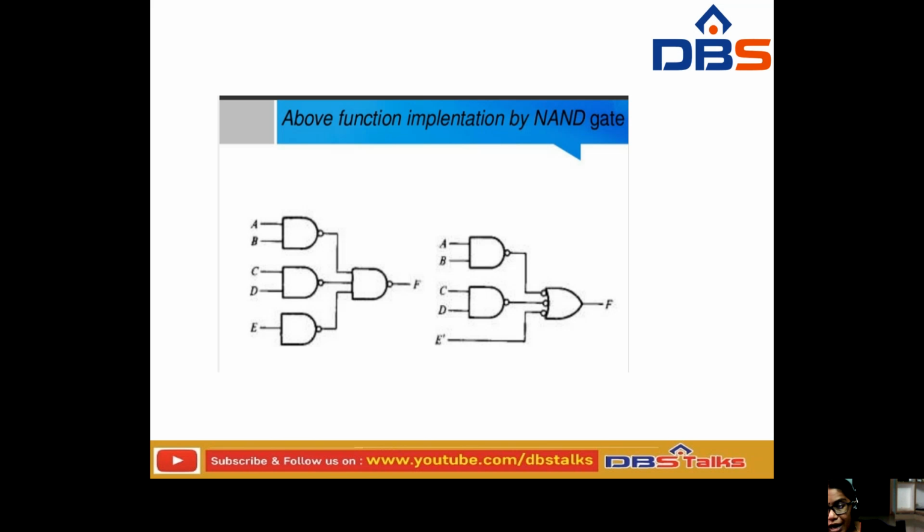If the NAND gate is not available, by simply placing the inverter in front of the AND gate, we can use it as a NAND gate. From this we are going to construct the combinational circuits. Based upon these things, let us know how we are going to perform these operations.